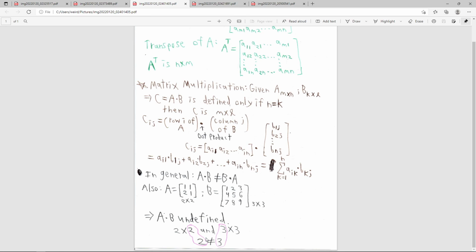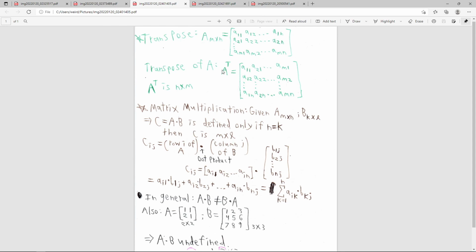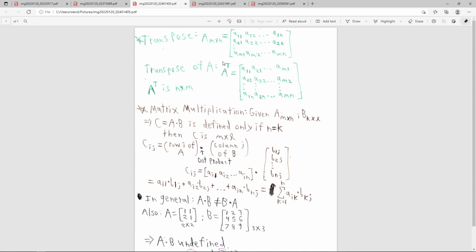Since 2 does not equal 3, you can't do it. It's a very important concept, that general rule. Sometimes A times B and B times A can be the same, but it's not common. It's a lot more common that they're different.